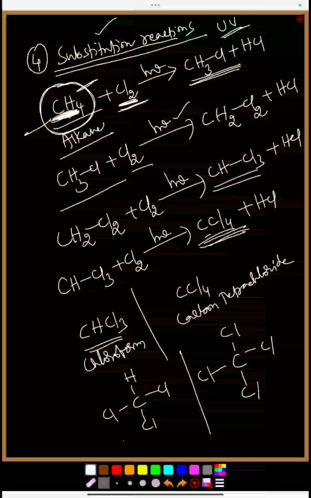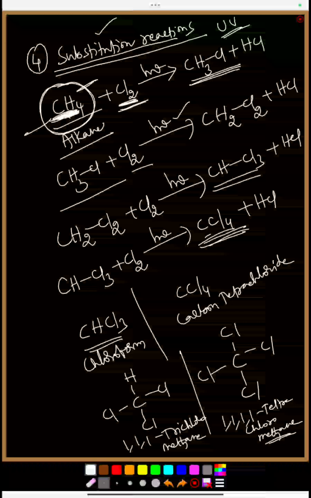So 1,1,1-trichloromethane is called chloroform. 1,1,1,1-tetrachloromethane is called carbon tetrachloride. So these are the four important chemical properties or chemical reactions of carbon compounds.